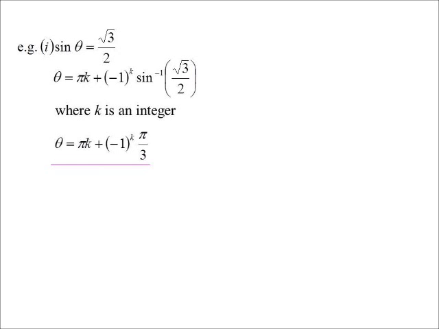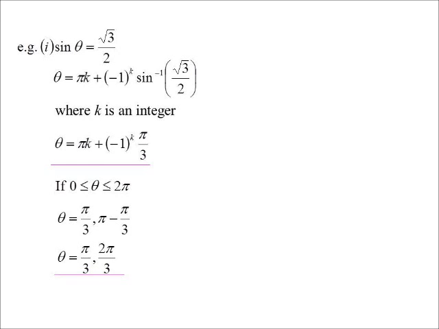If I then said, oh, but what about if theta was in between 0 and 2 pi? I could now use this formula to generate solutions. So if I substitute in k equals 0, I would get pi on 3. If I was to substitute in k equals 1, I'll get pi minus pi on 3. Okay?